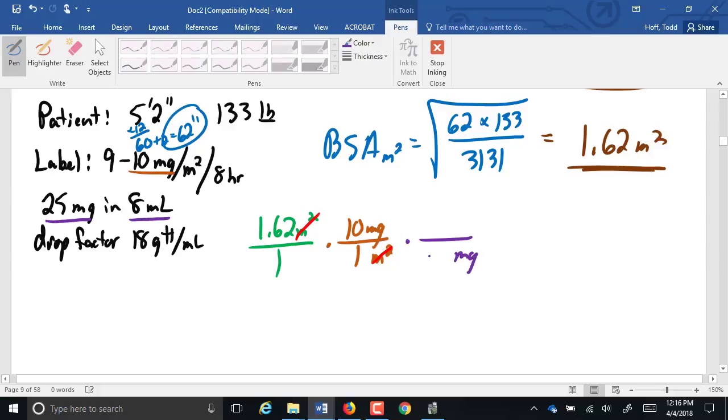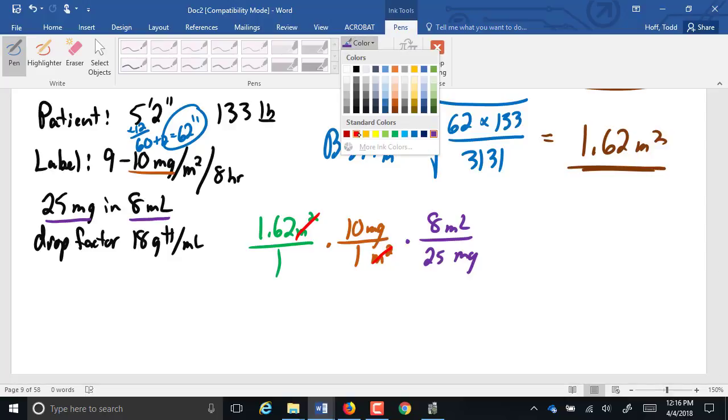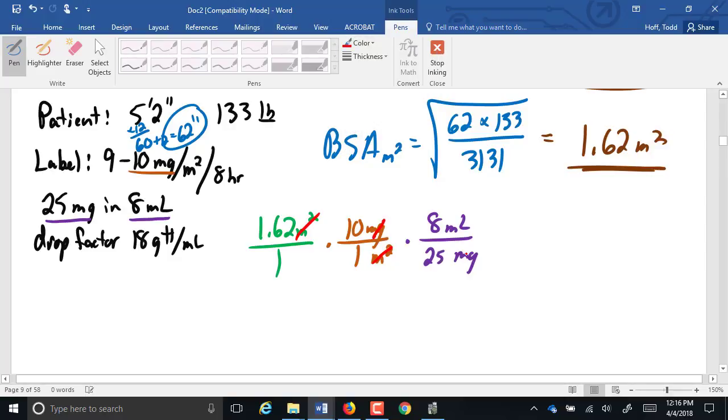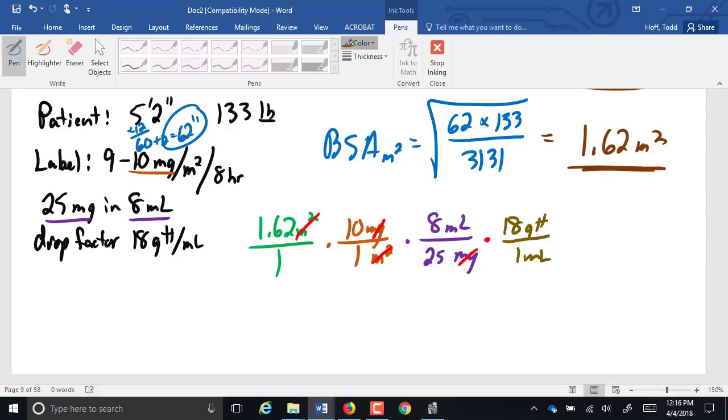Milligrams will go on bottom, so they cancel out. But then we also have a drop factor here. So let's put that in. Milliliters are going to go on bottom. It's 1 milliliter per milliliter, 18 drops per milliliter. So the milliliters cancel out, and we're going to end up with just drops here.